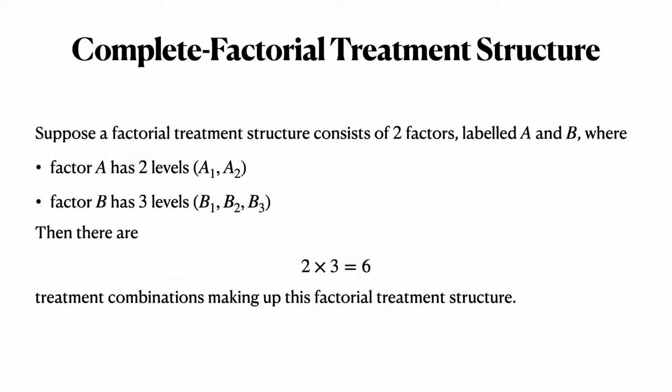So as an example, suppose that a factorial treatment structure consists of two factors, which we'll label A and B. Let's further suppose that factor A consists of two levels, which we'll denote by A1 and A2. Factor B has three levels, which we'll denote by B1, B2, and B3. So in this context, there are 2 times 3 or 6 treatment combinations making up this complete factorial treatment structure.